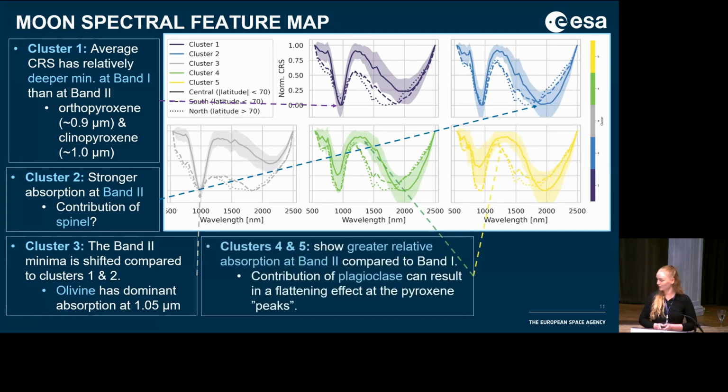For cluster 4 and 5, we see a greater relative absorption at band 2 compared to band 1. And this can be a contribution of plagioclase. It sort of flattens out this absorption peak, in quotation marks, from the pyroxene absorptions.